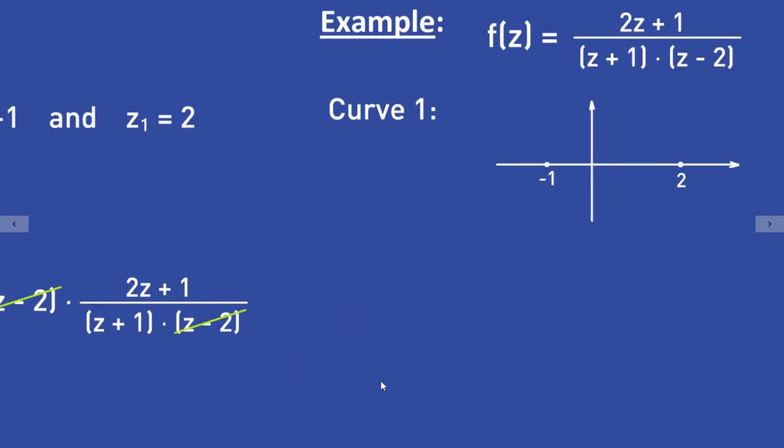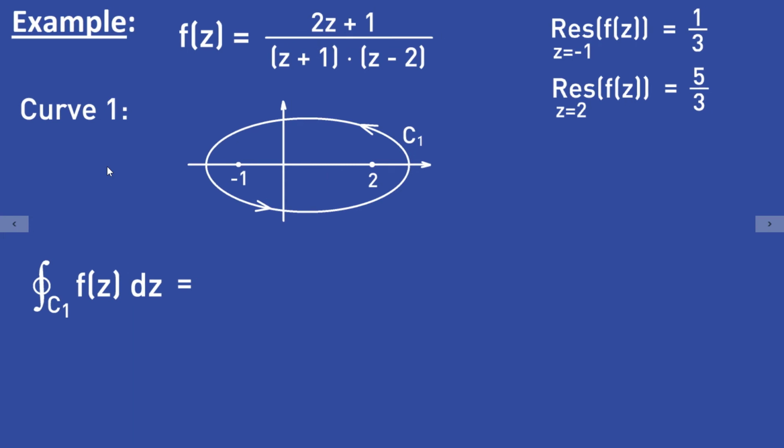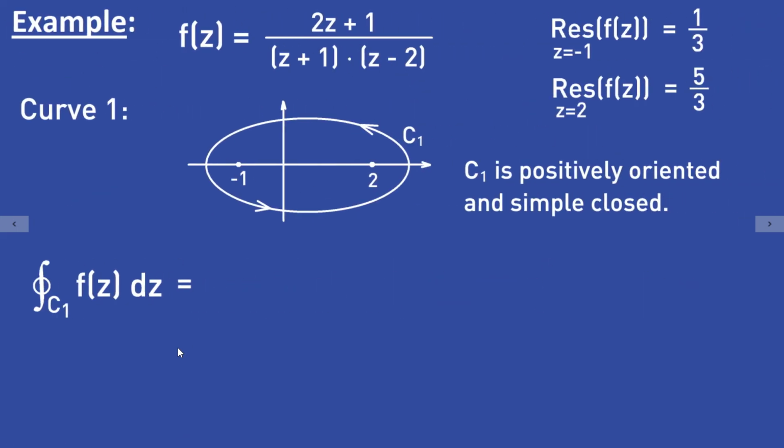Now we consider the following curve C1. The curve C1 looks like that. We want to evaluate the curve integral of f along the curve C1. The first thing we should notice is that C1 is positively oriented and simple closed.